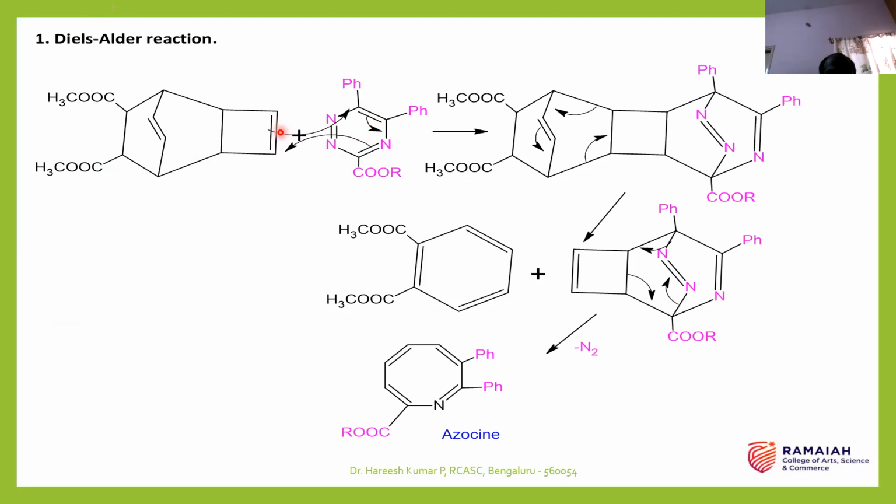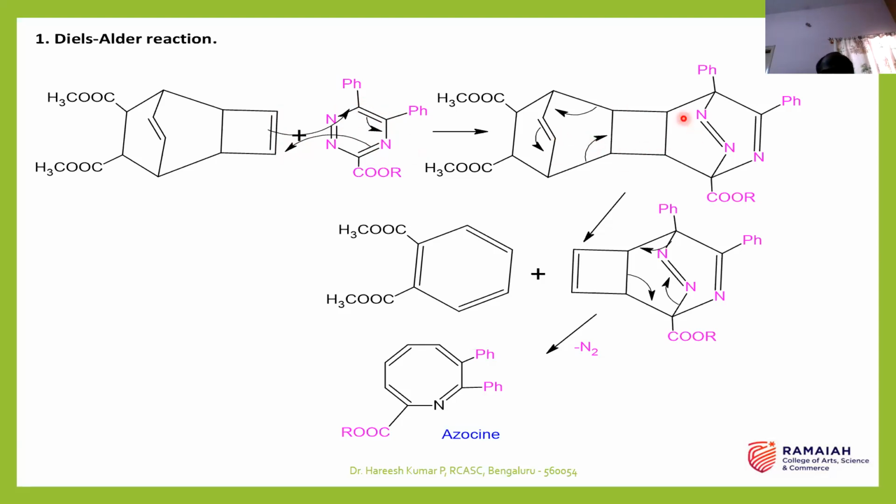More precisely, this is a diene, and this is a dienophile. What will happen here? A 4+2 cycloaddition. This bond pair can come over here, and this bond pair will move over here. This bond pair forms a bond with this carbon.